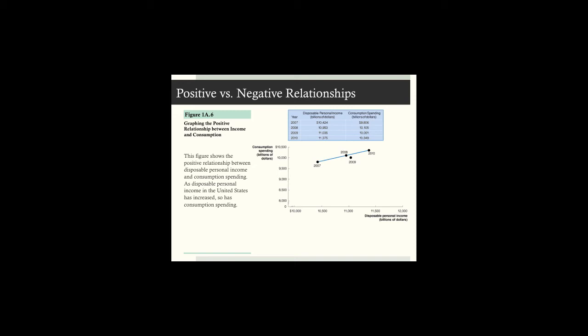So here we have consumption spending, the dependent variable, on the y-axis, and we have disposable personal income, the independent variable, on the x-axis. As that disposable personal income increases from $10,000 to $10,500 to $11,000 and so on, consumption spending increases from $9,500 to $10,000 to $10,500 and so on.